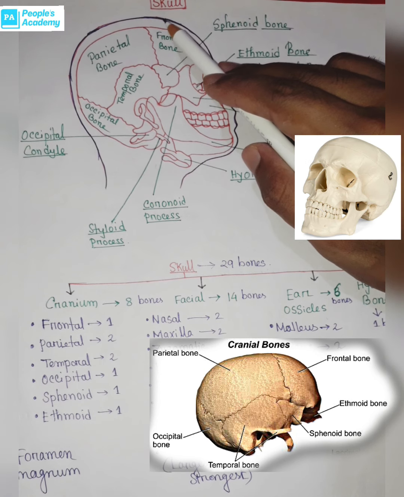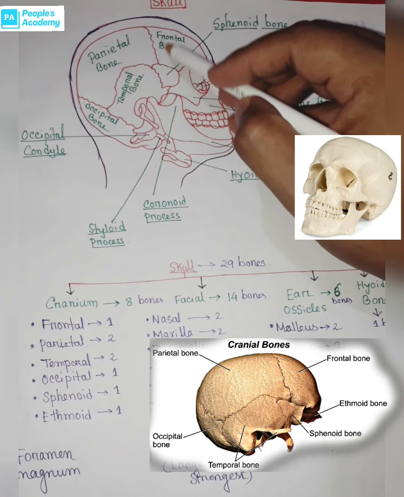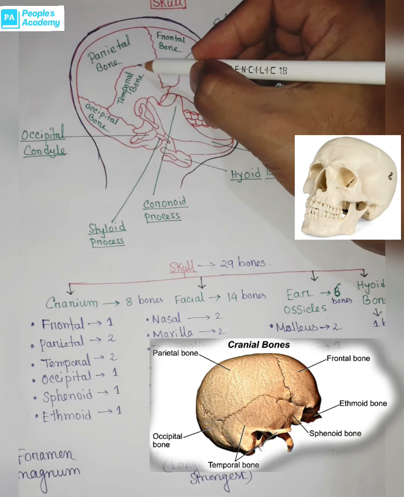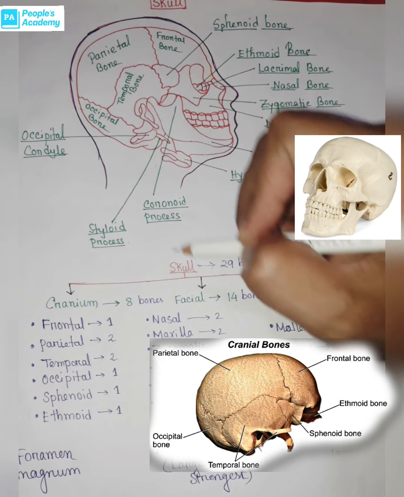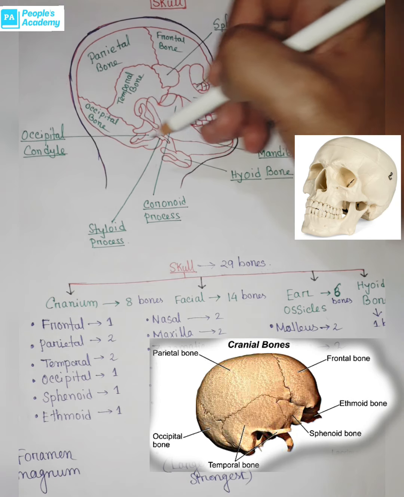Frontal is the anterior part of the cranium. The greater portion we call the parietal bone and temporal bone, which is the inferior lateral aspect, and the occipital bone.